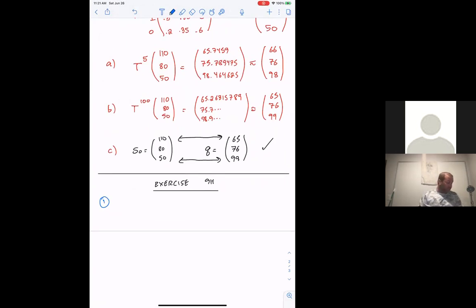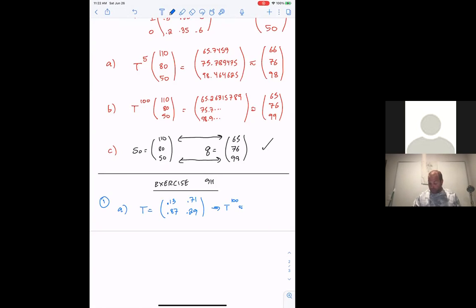It says, find the long-term probability matrices for the Markov processes with these transition matrices. So A gives us a transition matrix of 0.13, 0.87, 0.71, 0.29. Again, as always, you should pause, try to figure it out yourself. So what is T to the 100 matrix?